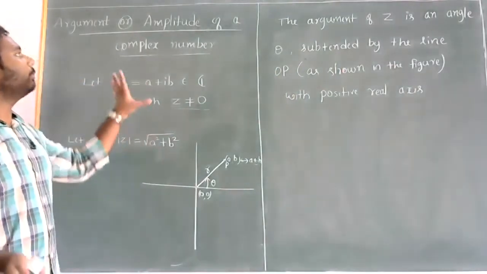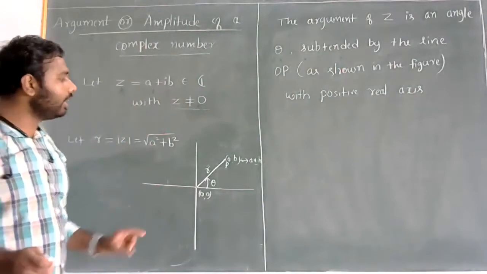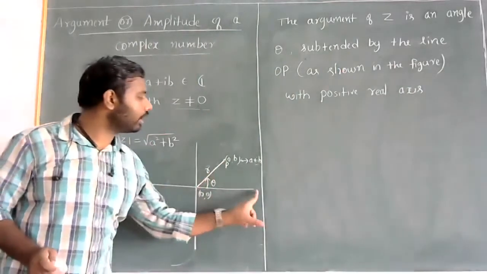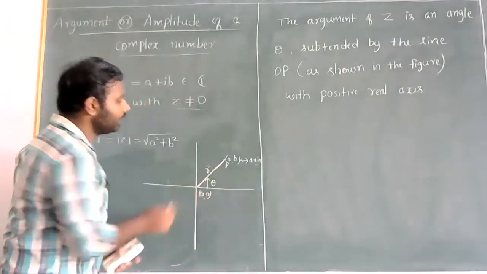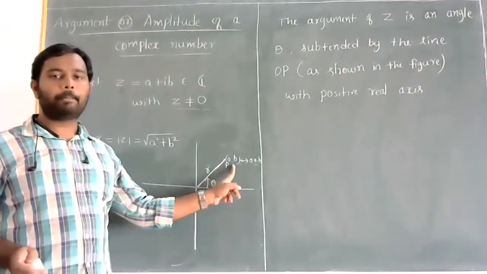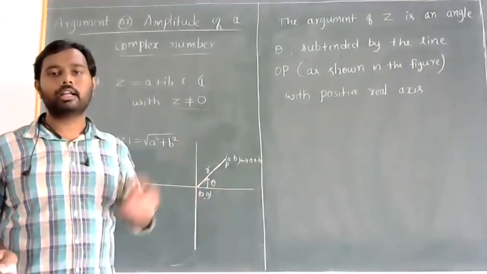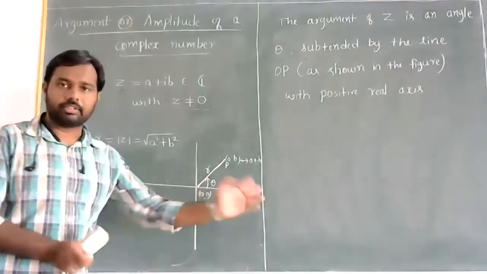So the argument of z is nothing but an angle subtended by the line OP with respect to the positive real axis. What is the line OP? It is the line joining the origin and the point a comma b, which corresponds to the complex number a plus ib. Now I'll continue this further.